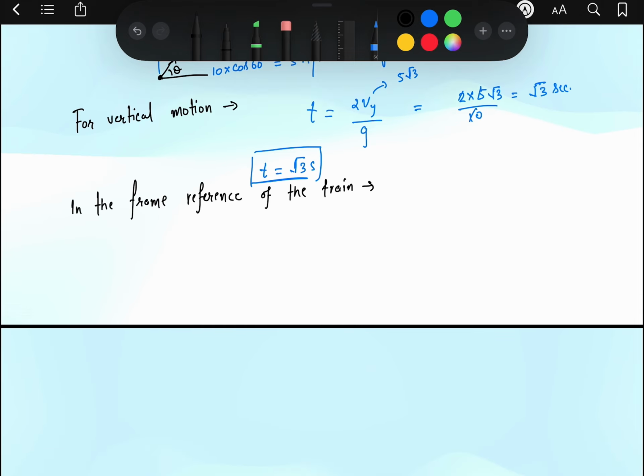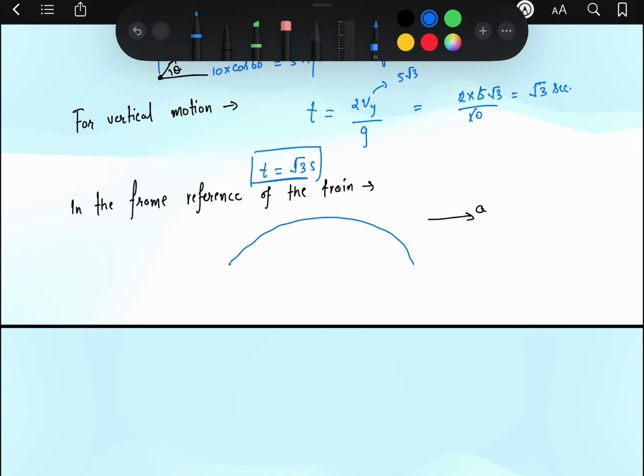If I observe, this ball will be having an acceleration of minus a in the negative x direction. So let us suppose this is the ball and it is moving like this, a projectile motion.